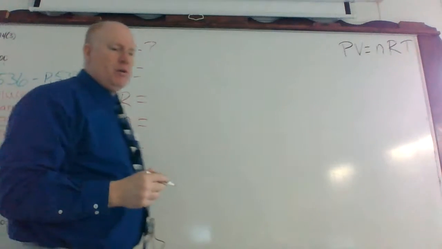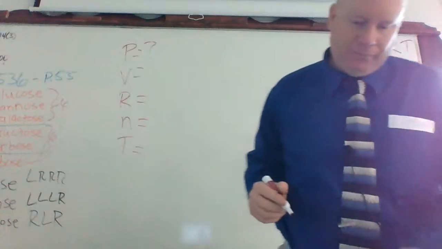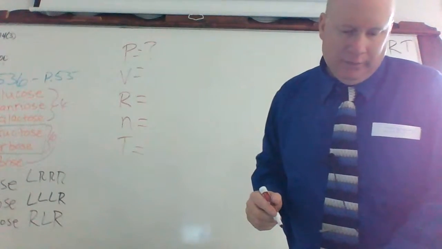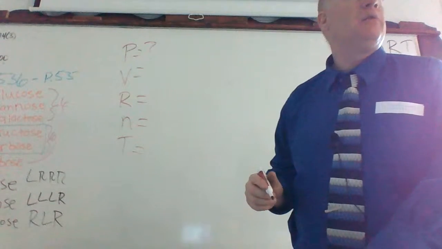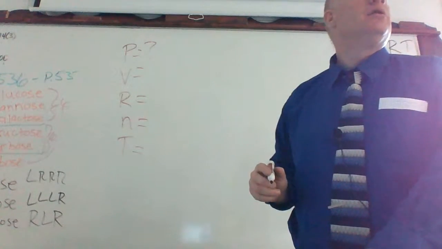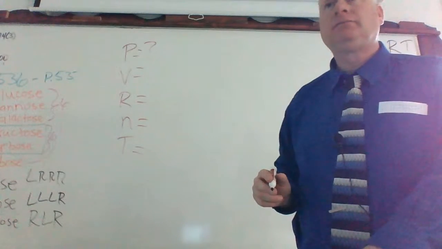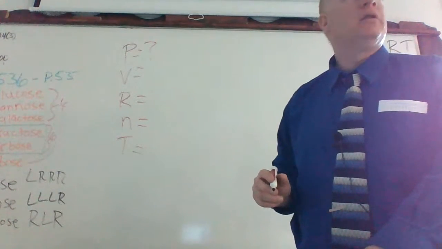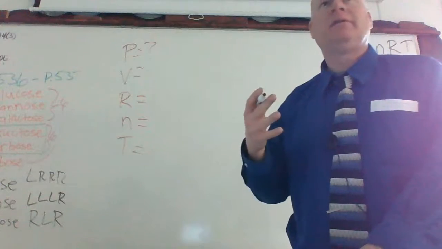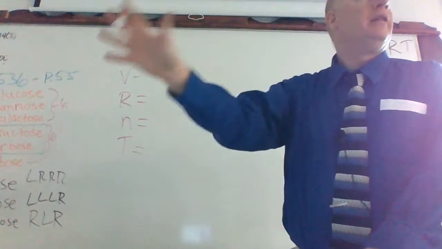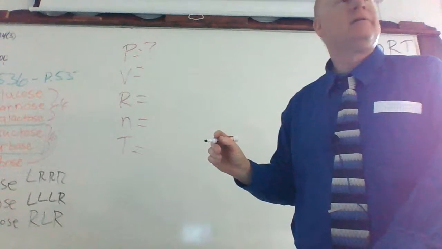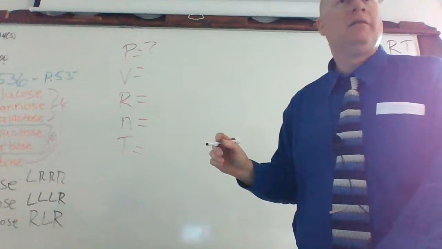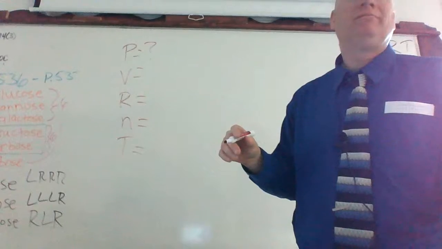Okay? So when we provide that information, it says 35 degrees Celsius, but we don't want it in Celsius. We want it in what? So how do you find kelvins? Kelvin.